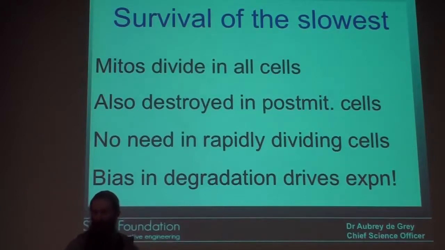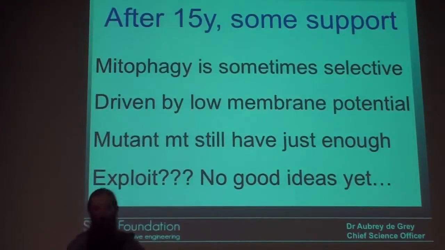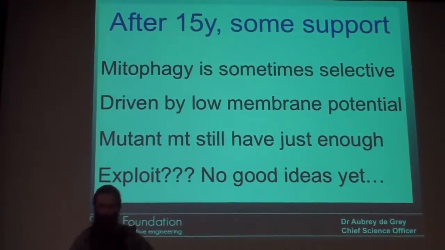And I hypothesized that maybe this is how mitochondria that are mutant clonally expand: they don't actually get replicated any more readily than normal mitochondria, but they get destroyed less readily than normal mitochondria. It's taken a very long time for any real evidence either way to come out in relation to this hypothesis, but just in the past few years things have started to come together and it's looking rather good for this hypothesis.